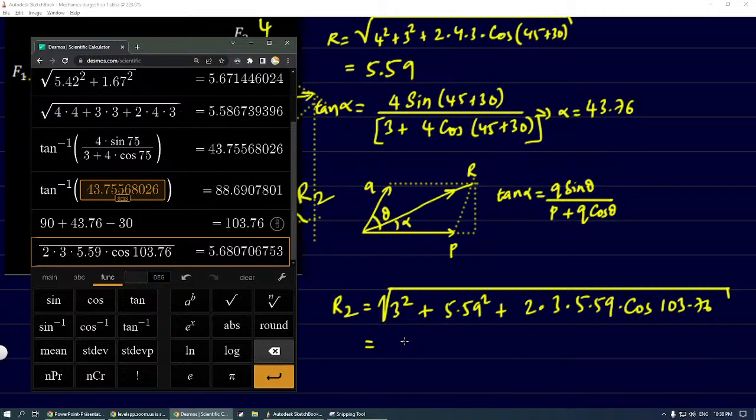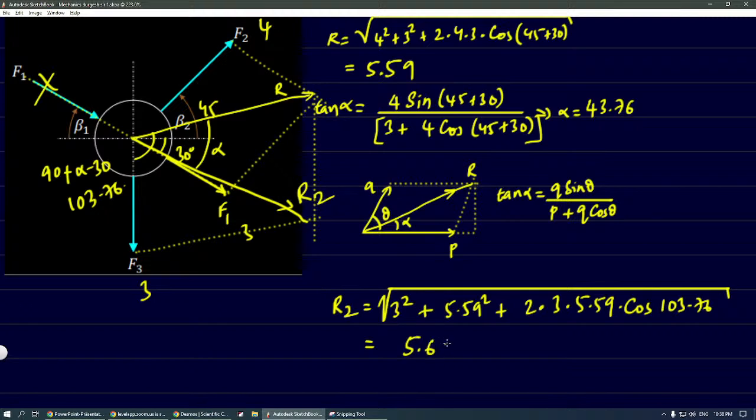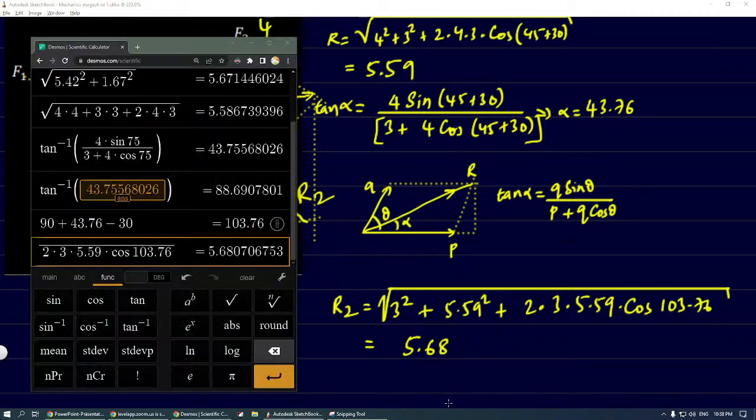I'm getting 5.68. This was the resultant we got the last time. How much did you get?